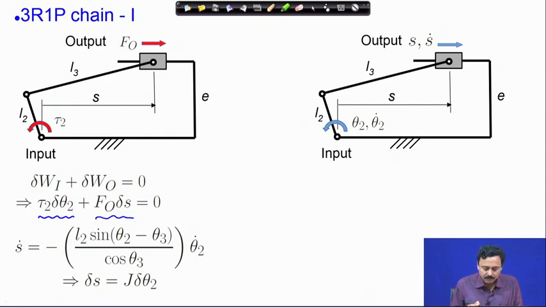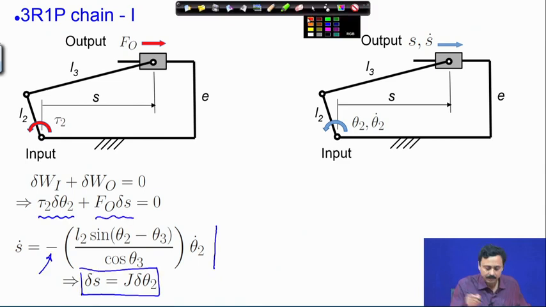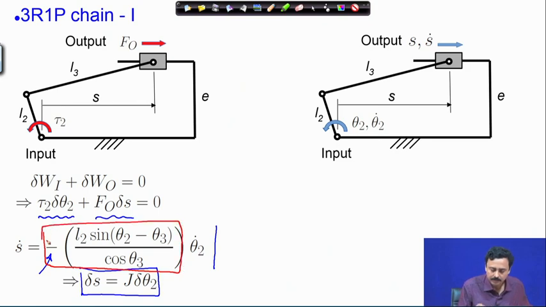Now, from the previously discussed velocity relation, where this negative sign takes care of the velocity direction at the output because of a counterclockwise theta 2 dot, the relation between the virtual displacements at the input and output is obtained as delta S is equal to the Jacobian times delta theta 2. So, this is the Jacobian.